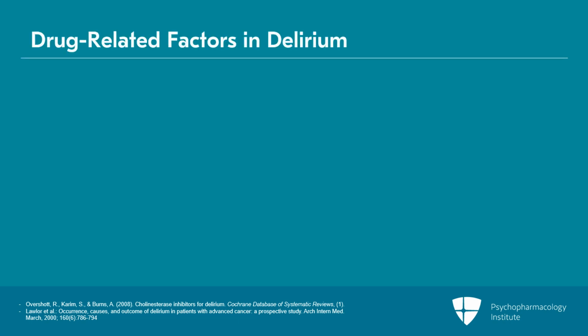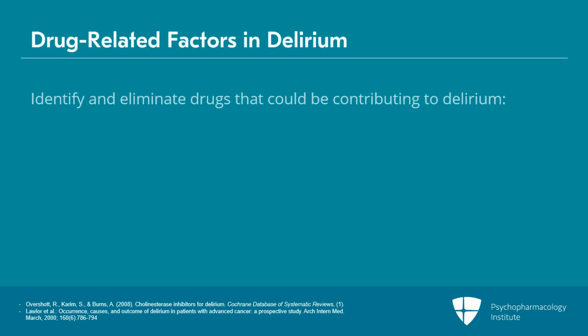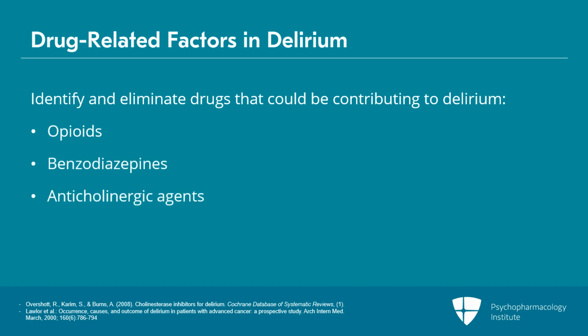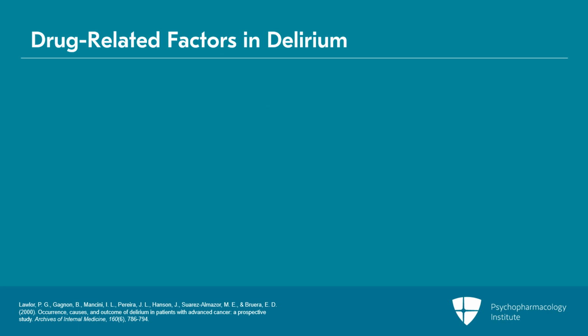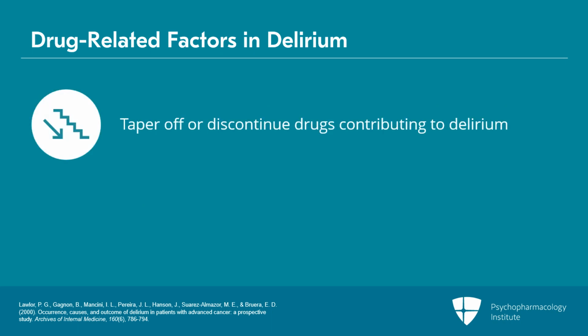Our pharmacy colleagues can help us identify and eliminate any drugs that could be contributing to delirium. For example, opioids, benzodiazepines, anticholinergic agents, or some other drugs that may be the culprit. Patients can be individually sensitive to some of these drugs. Whenever possible, we want to taper off or discontinue drugs that we think could be contributing to delirium.